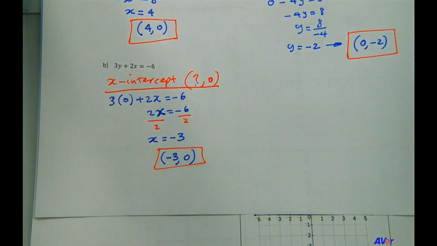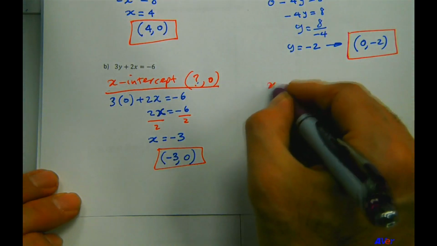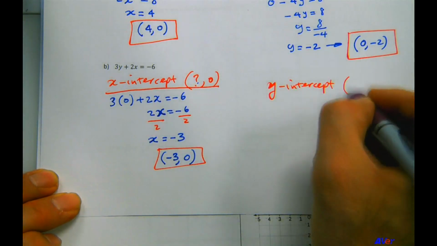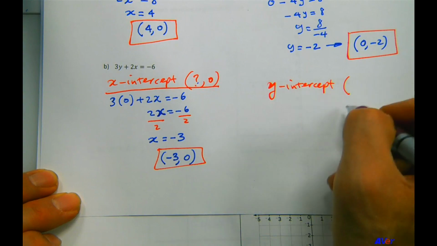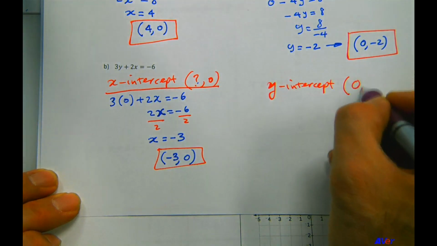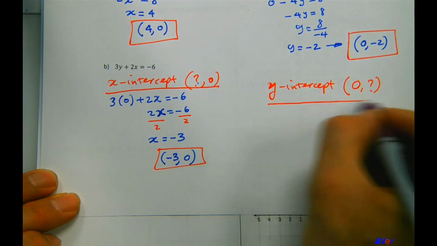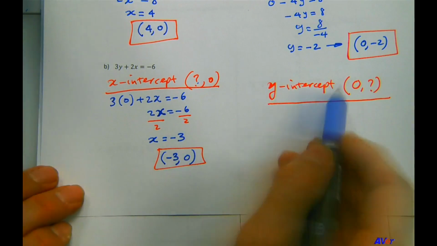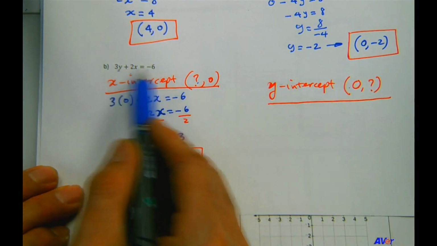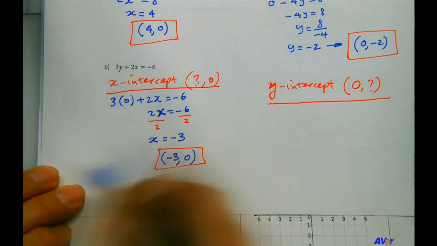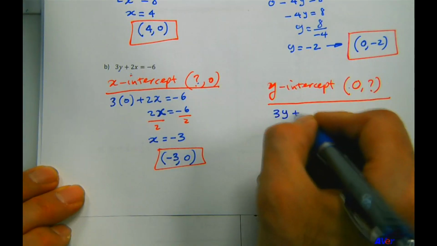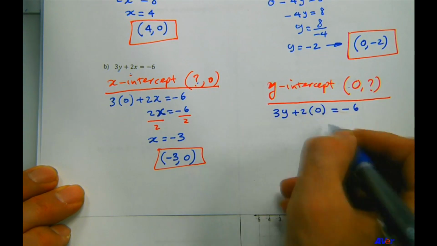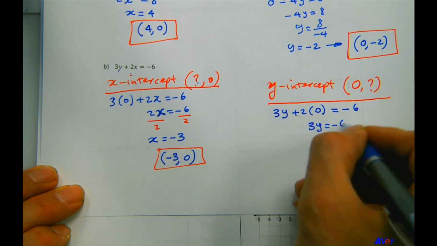The y-intercept: which component of the y-intercept is 0, x or y? If you said x, you're absolutely correct. X is 0, we're going to look for the y. So in this equation, let's substitute for x with 0 and solve for y. So we have 3y plus 2 times 0 equals minus 6. 2 times 0 is 0. 3y equals minus 6.